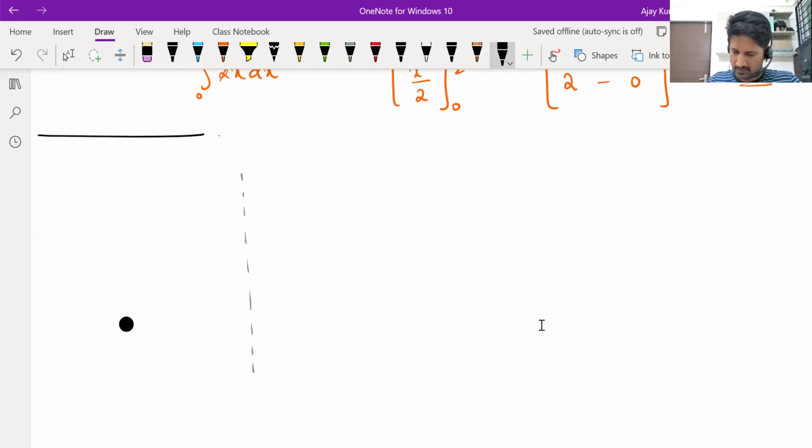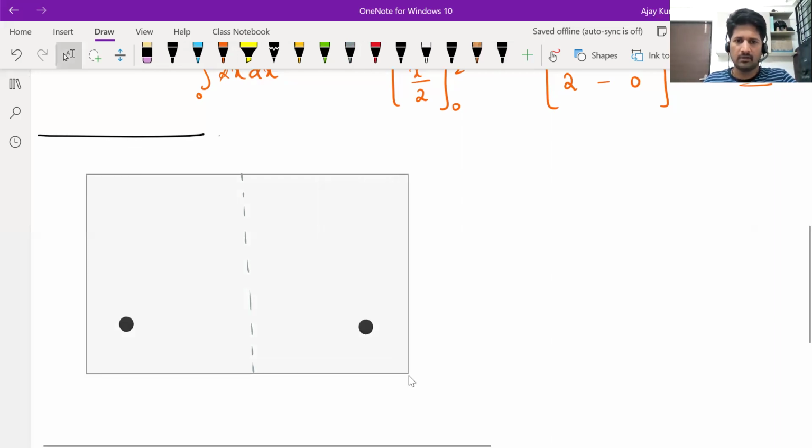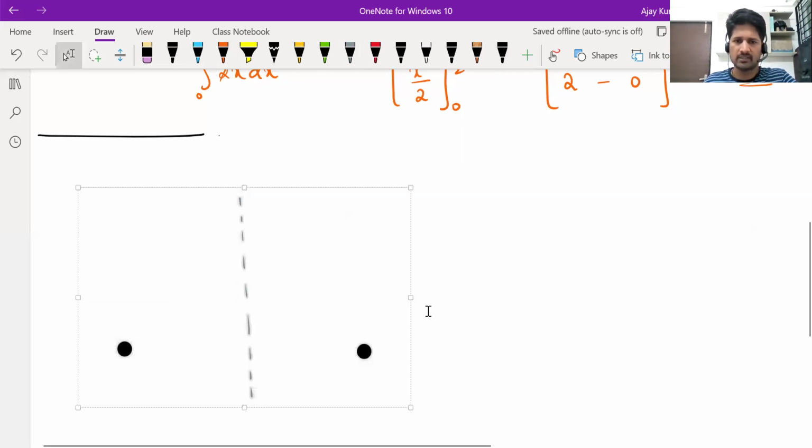Consider one particle here and one particle here. Let's say they have the same mass. If two particles have equal mass, where does their center of mass lie? Anyone? Where does the center of mass of two equal particles lie?